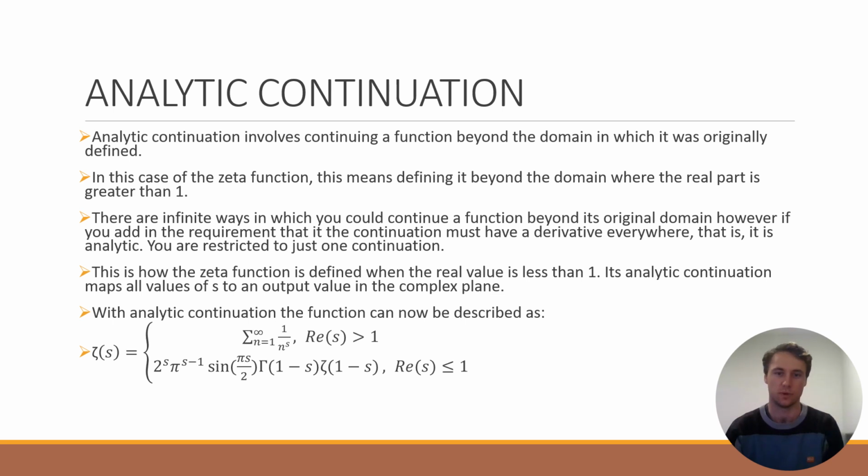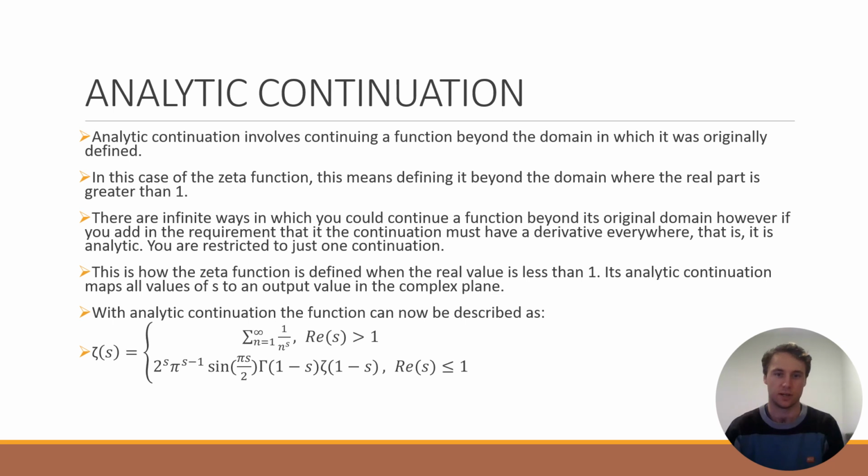That is, it has a derivative everywhere still. And when you have this requirement that the continuation must remain analytic, it turns out that there's only one such continuation that works and that makes sense.